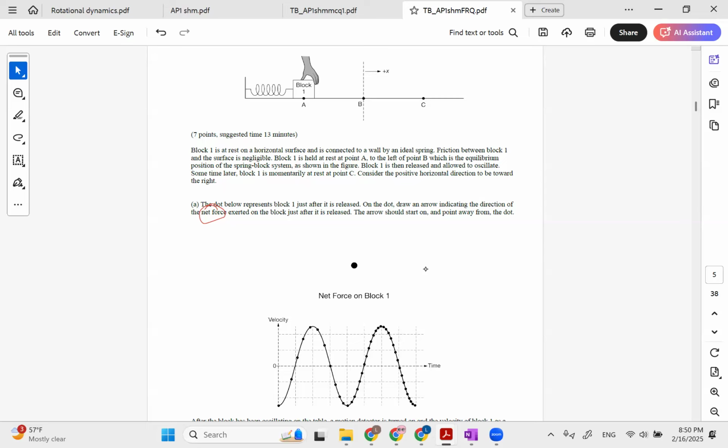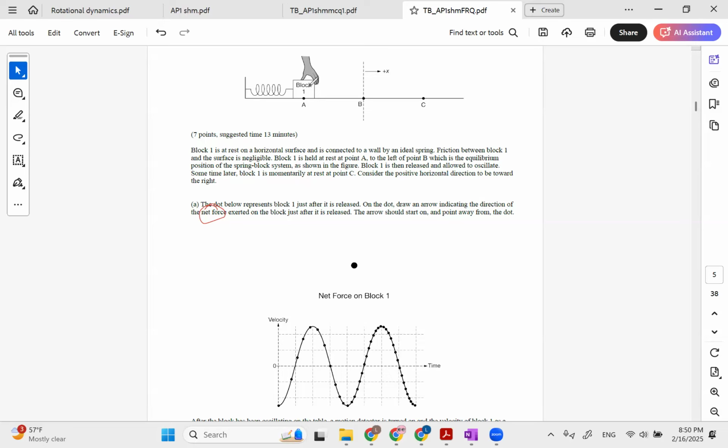Oh, so the question tells you that when you are at point B, that's an unstretched length, right? B is equilibrium, the unstretched length. So right now the block is held at rest at point A, and in this case the spring is compressed, right?